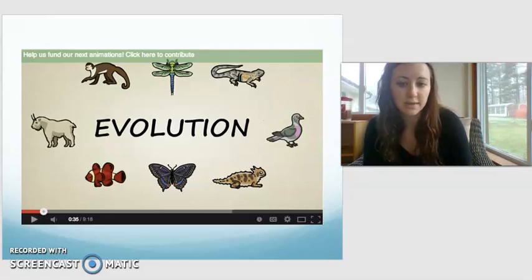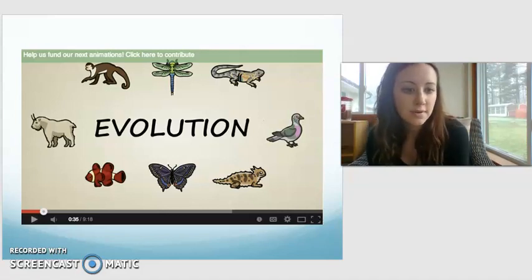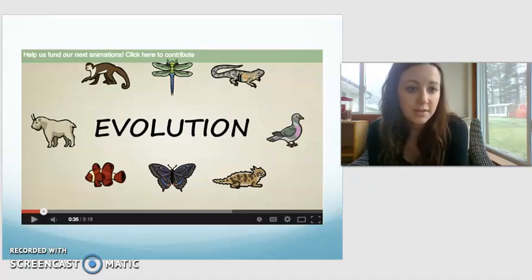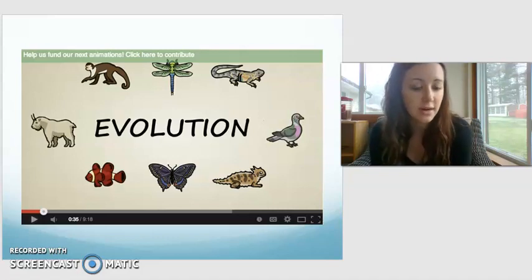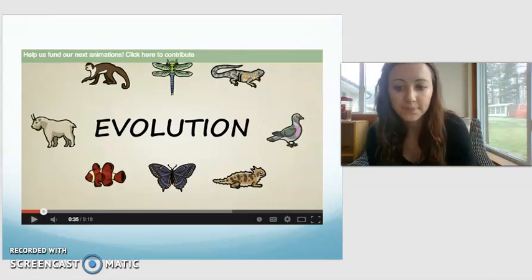And also another major takeaway that I hope you got from this: it's incorrect to say we evolved from chimps or we evolved from fish. If you hear somebody say that, then you have my full permission to correct them and say we didn't evolve from them, but we share a common ancestor with them.